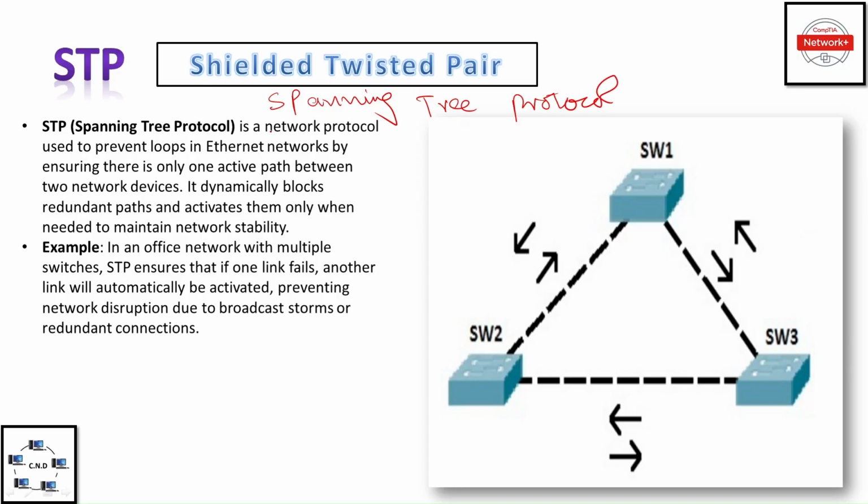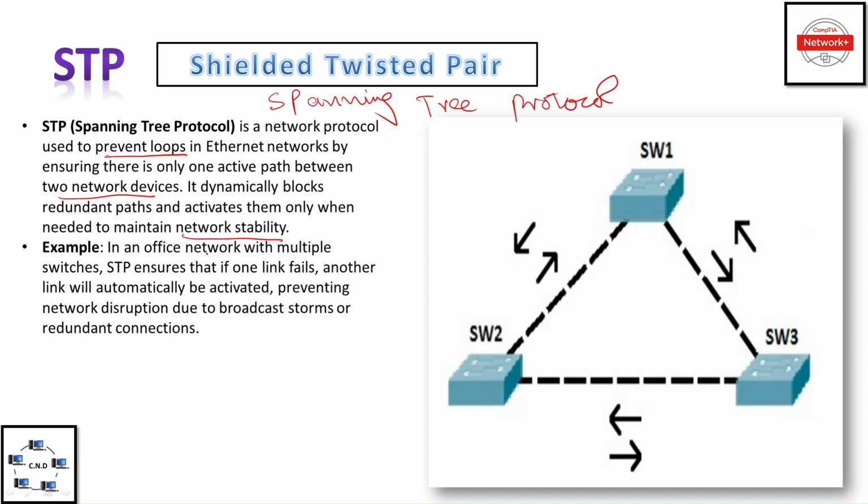STP, spanning tree protocol, is a network protocol used to prevent loops in Ethernet networks by ensuring there is only one active path between two network devices. It dynamically blocks redundant paths and activates them only when needed to maintain network stability.